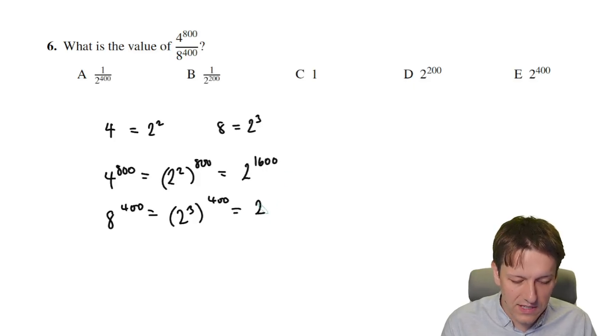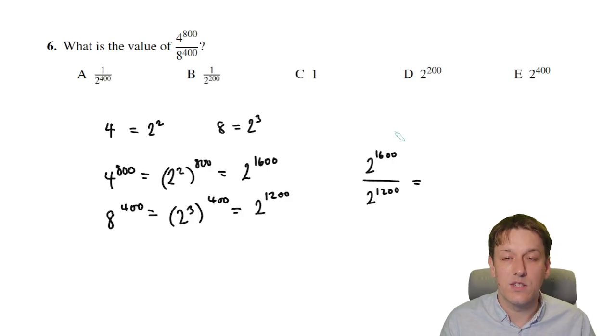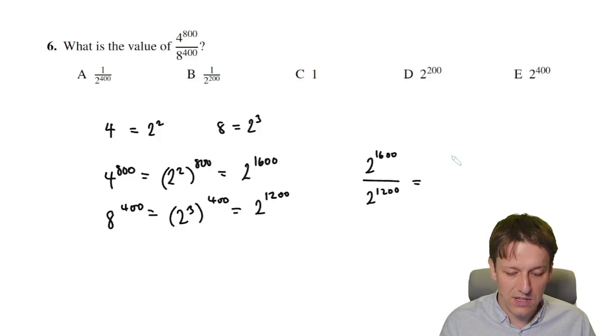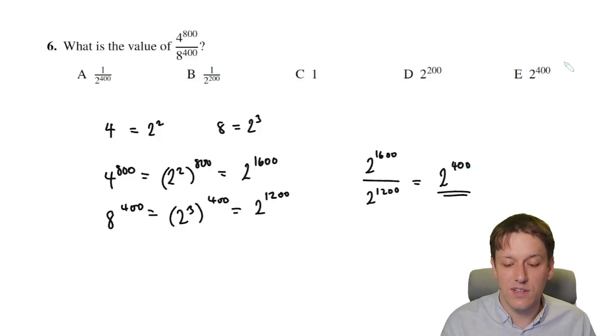Again, using the rules of indices, that's 2 to the 3 times 400, which is 1200. So I've got 2 to the 1600 over 2 to the 1200, and so I subtract those powers. 1600 minus 1200 is 400, so I'm left with 2 to the 400, and so the answer here is E.